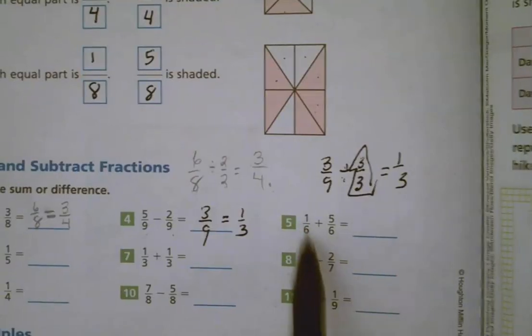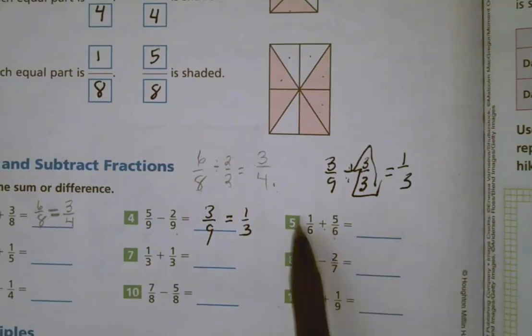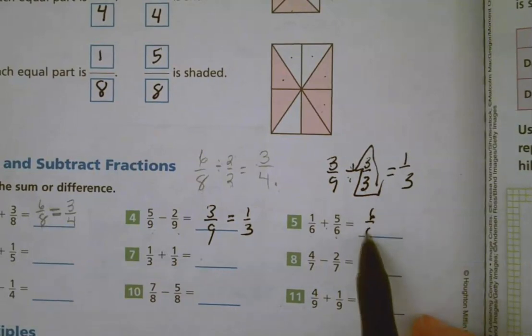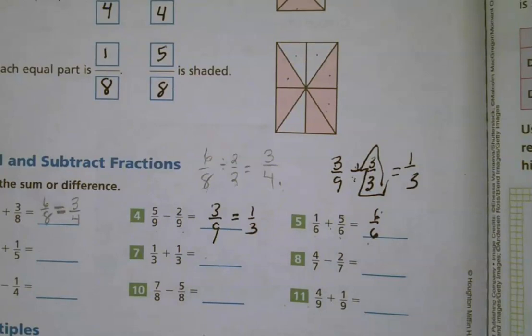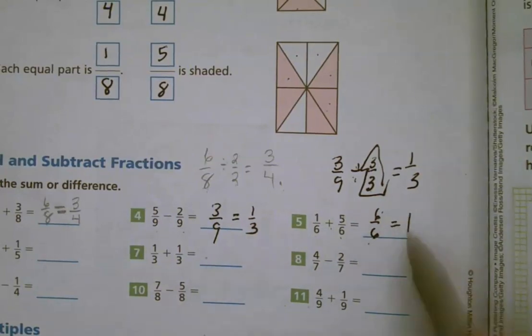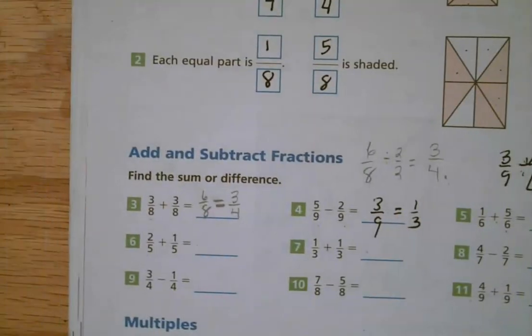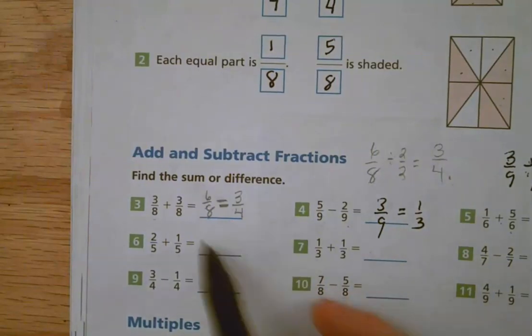Number 5, 1/6 plus 5/6. If I have 1/6 and I add 5/6 more, I know I'm going to have 6/6. I know that any number over itself, like 6/6, is equal to 1 whole. Number 6, if I have 2/5 and I add 1/5 more, I know the sum is going to be 3/5.